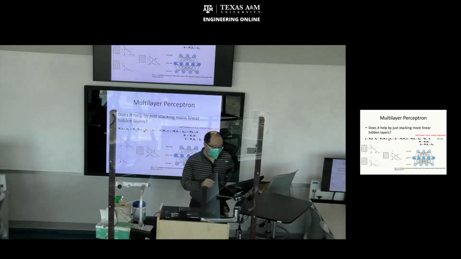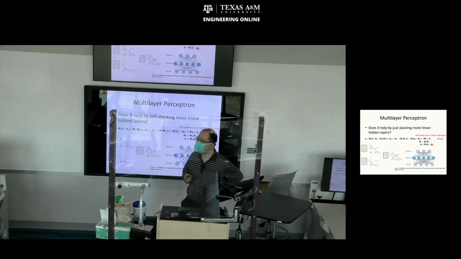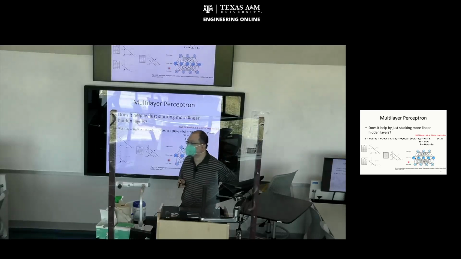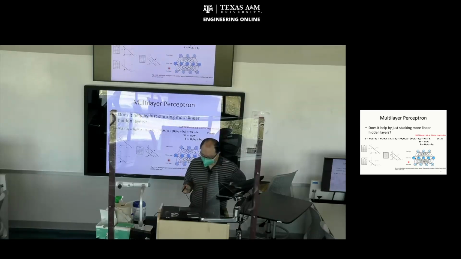And if you rearrange them, you will find out that it's still in the form of Wx plus B, where W is the product of the two layers' W's, and B is an affine function. So in other words, you can keep stacking the hidden layers, but it won't change the fact that your classifier is linear. That's one thing to think about.